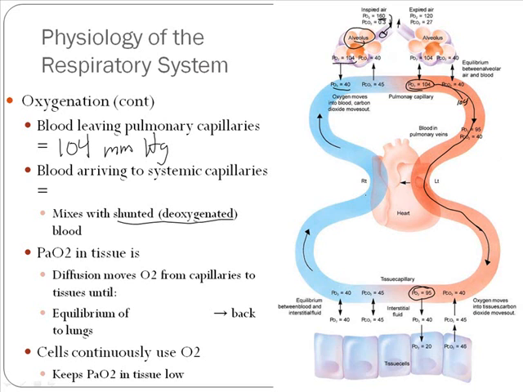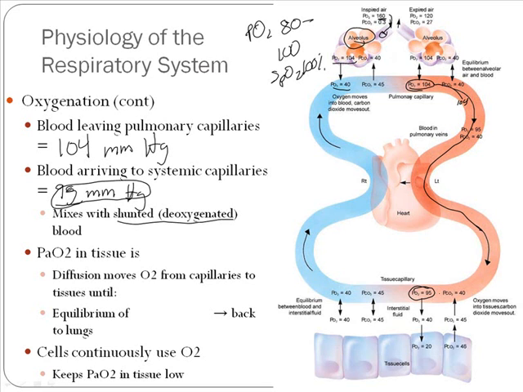But that's okay, because if you remember from the last slide, a PO2 of 80 to 100 is an SpO2 of 100%, which means that your hemoglobin are still fully saturated. So blood arriving to the systemic capillaries is a PO2 of 95 millimeters of mercury, still within a very good range to make sure that all of our hemoglobin are fully saturated.